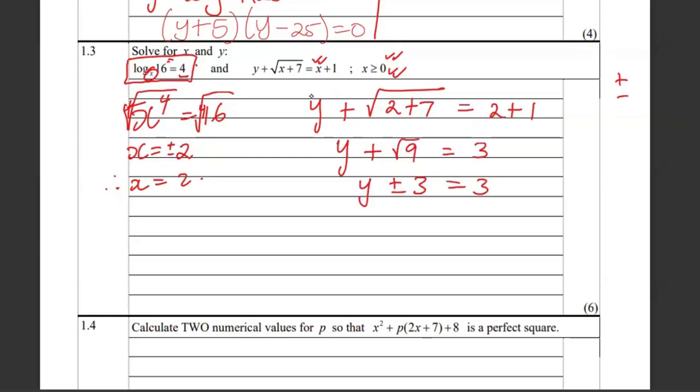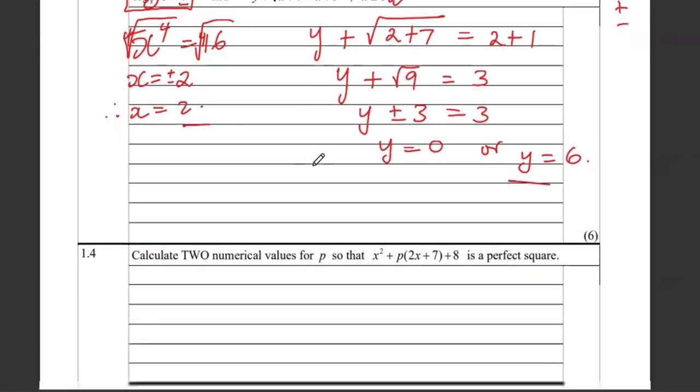Then if I focus on the positive and I move it that side, y is going to be 0. Or if I focus on the negative, then my y is going to be 6. So basically that is what I'm ending up with as my solutions for that question. It's a bit tricky, but that's what we would have done.